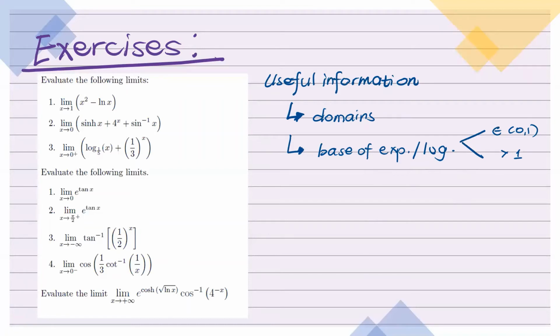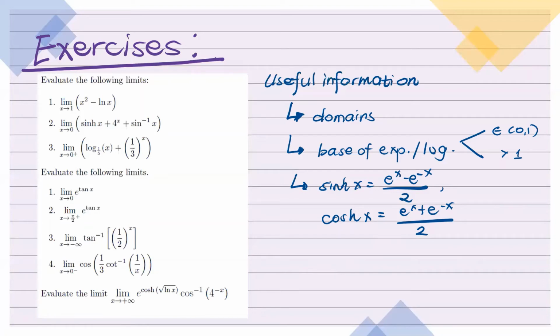We also see in the problem the existence of the sinh function, the hyperbolic sine, and the cosh. So, let's recall what was said earlier in the lecture part. The sinh or hyperbolic sine of x is equal to half the difference of e to the x and e to the negative x.